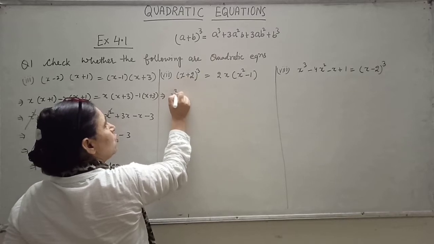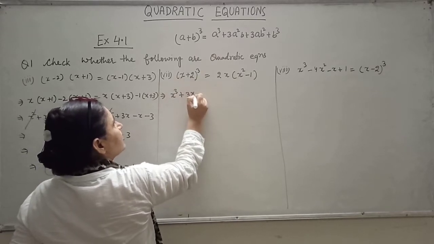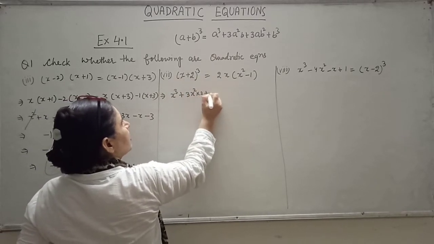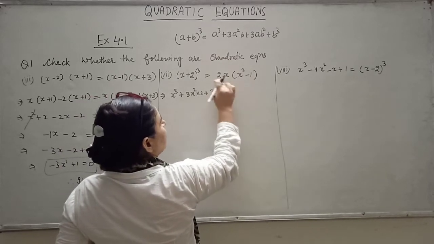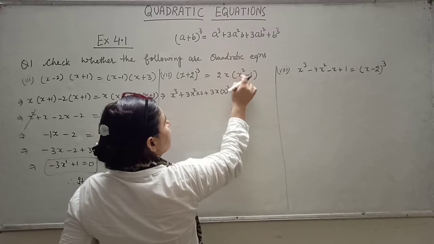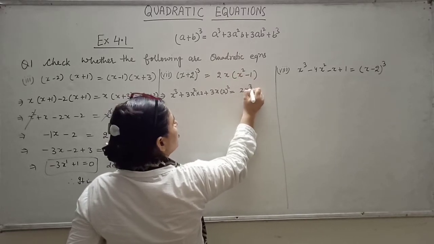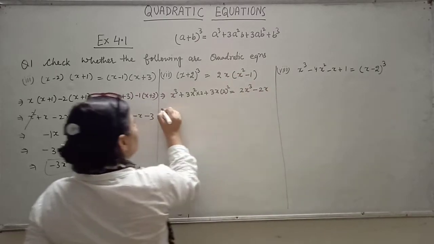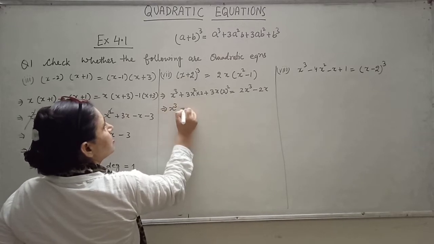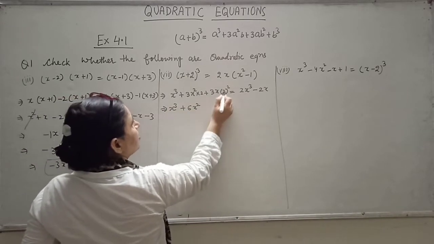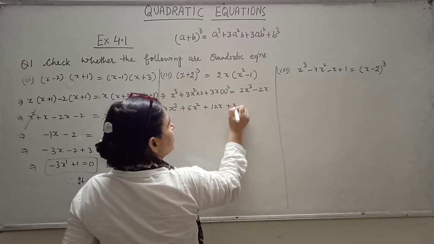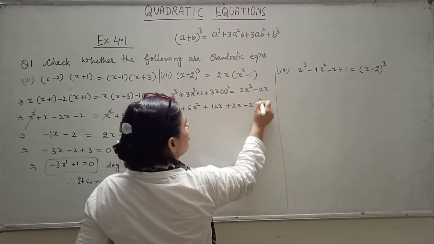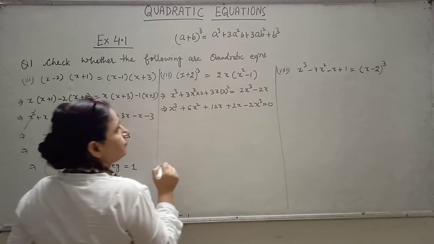So this is x cube plus 3x square into 2 plus 3x into 2 square. And when you multiply this, 2x into x square, this is 2x cube minus 2x. This is x cube, this is 6x square, and this 4 threes are 12x. And when it shifts to this side, this is 2x minus 2x cube equal to 0.